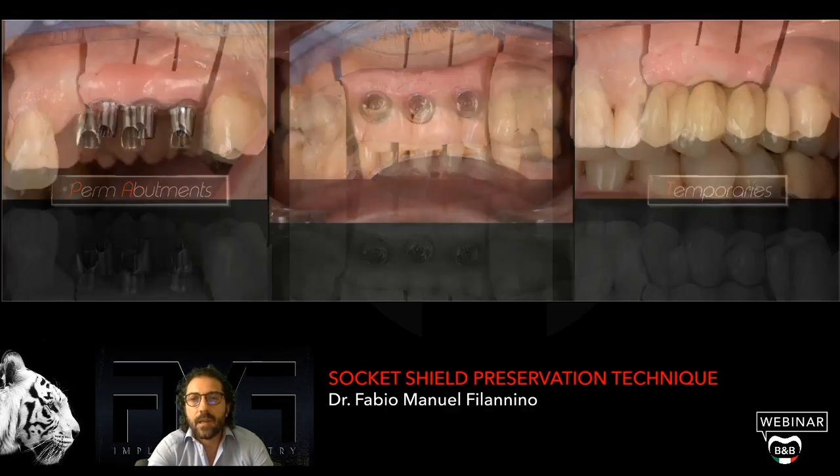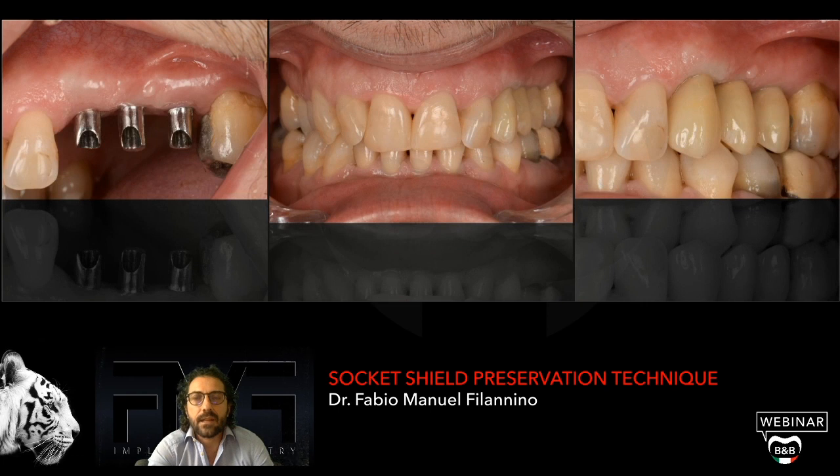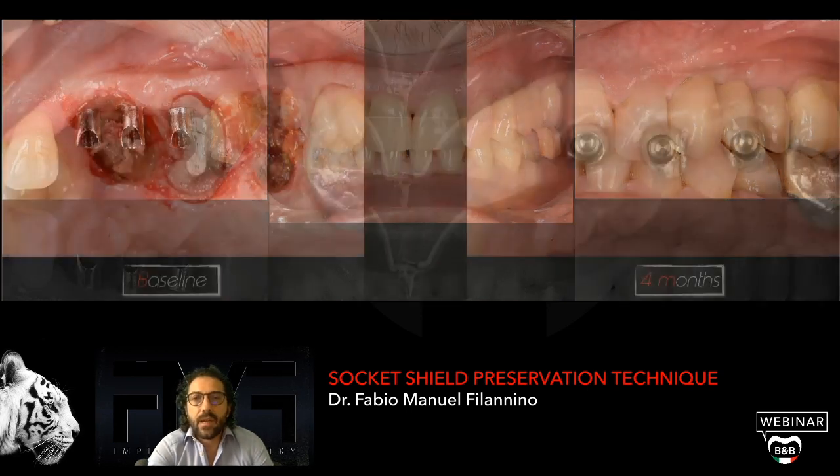At this time, my work is done, and the prosthodontist can continue the modeling of the soft tissues to then deliver the final prosthesis. These are the intraoral pictures of the temporaries, and the patient is very happy.